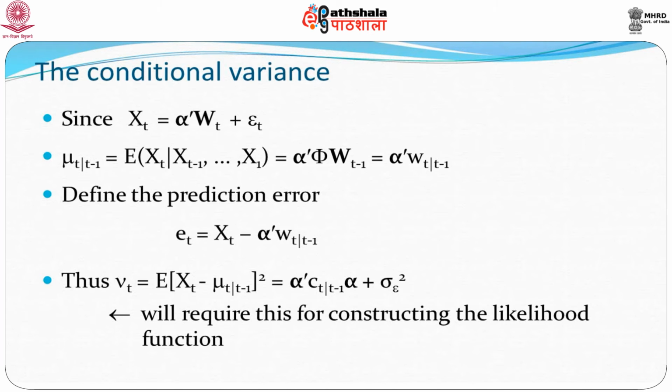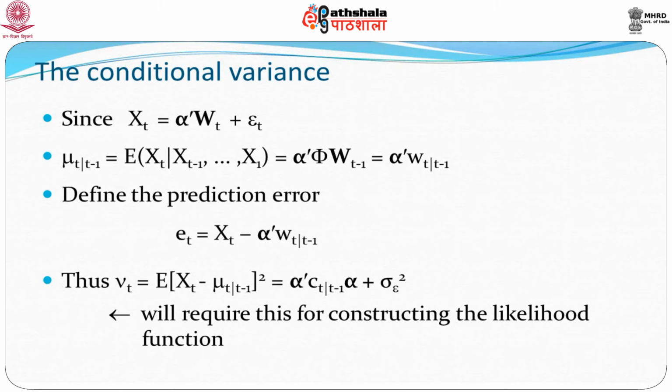Therefore, we can write this as alpha' W_{t|t-1}. So, that would be the conditional mean given the past, and we will define the prediction error E_t as equal to x_t minus this conditional mean. Therefore, it is x_t minus alpha' W_{t|t-1}.